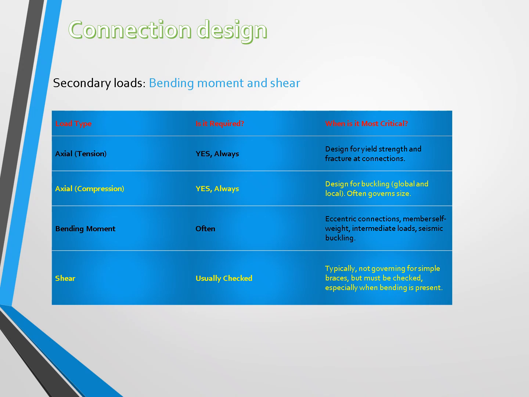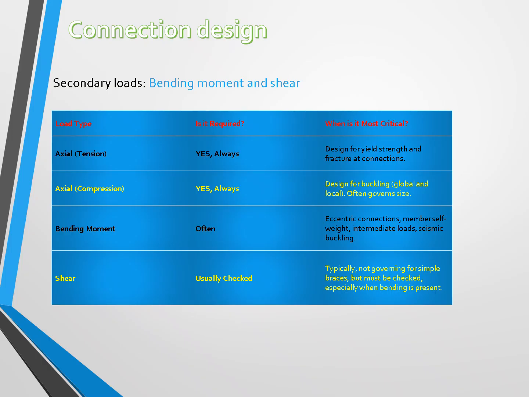Load type axial: is it required? Yes, we always need to check for that. When is it most critical? When we design for yield strength, fracture and connection. When we check compression, another axial force, we always need to check it because it is primary. It is designed for buckling, global and local, and it governs the size of the bracing.